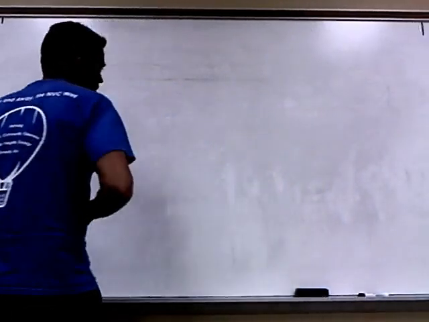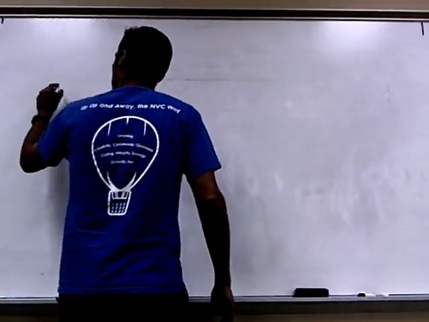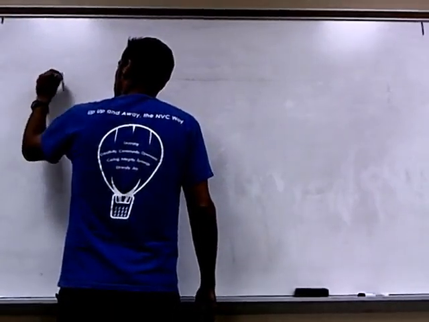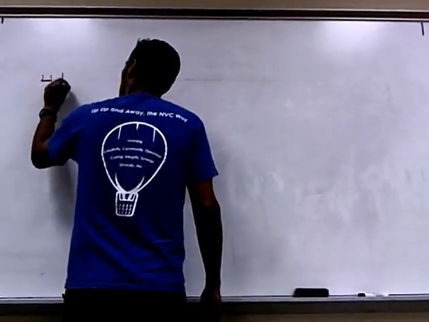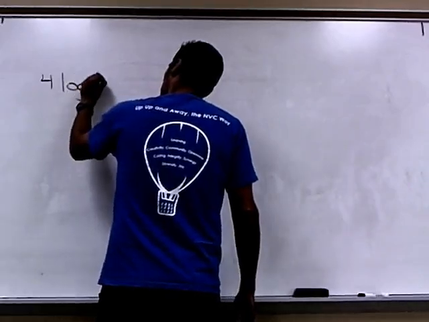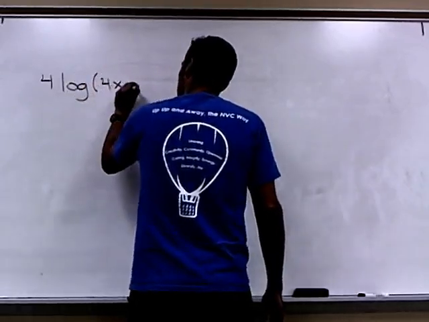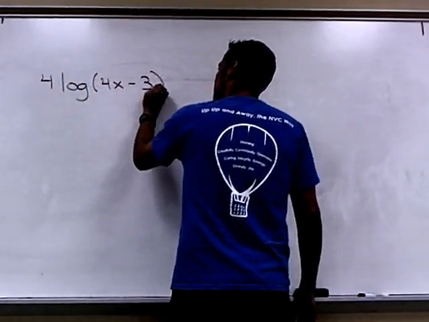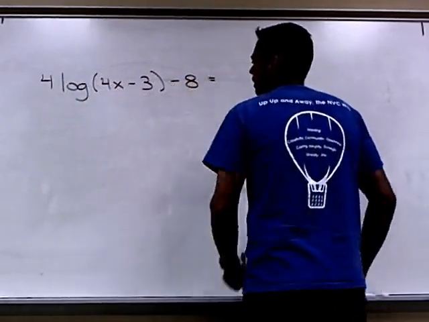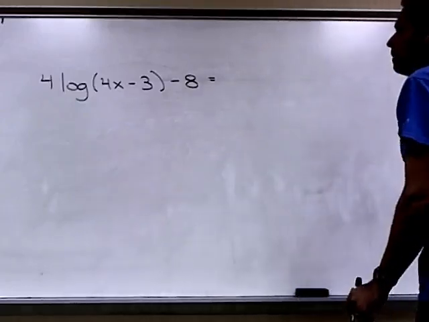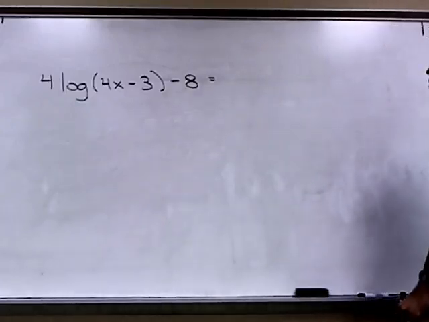Okay, back to logs, sorry. How about this equation? 4 log(4x minus 3) minus 8 equals 0.